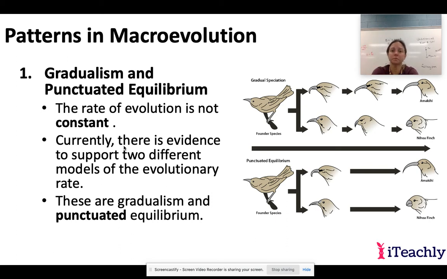So if we look at the two diagrams, notice the change in the beak is very gradual. There are small little incremental changes occurring to the beak in gradual speciation. And if you look at punctuated equilibrium, notice it's a big jump and a big difference in the beak changes, right? That's the difference between the two.